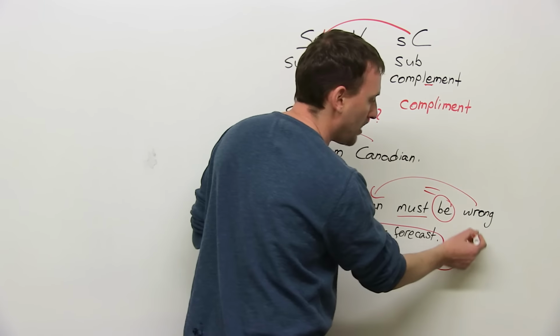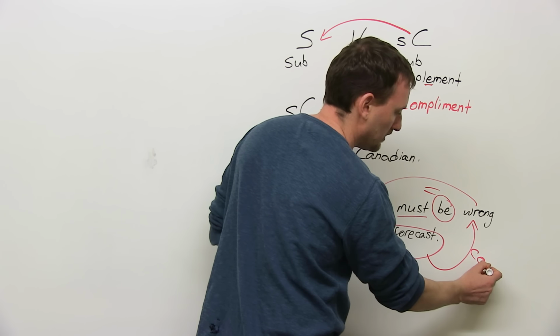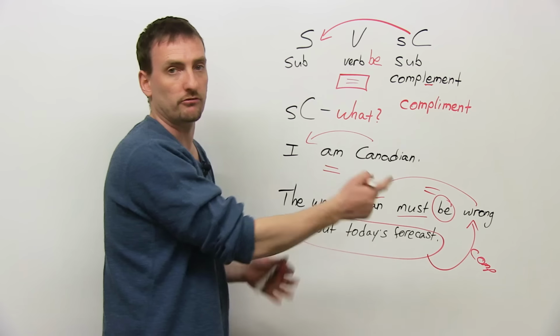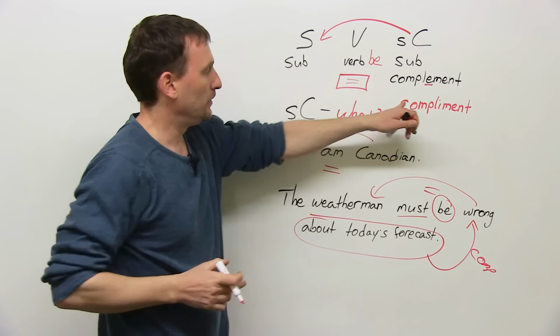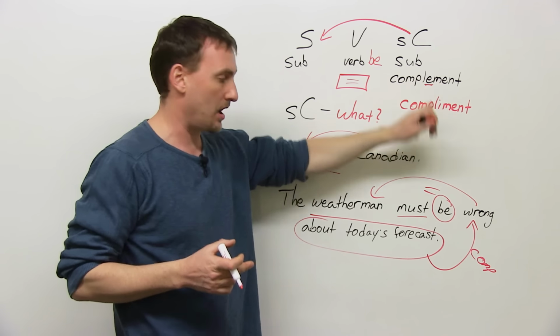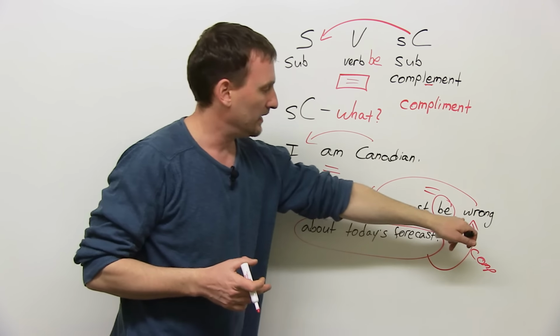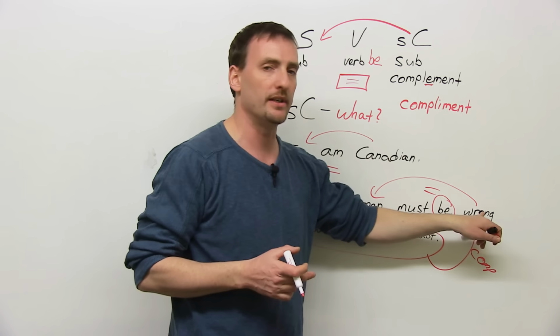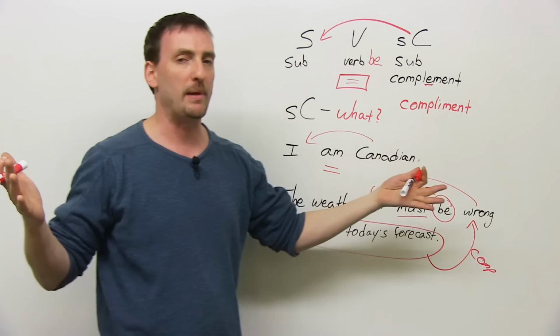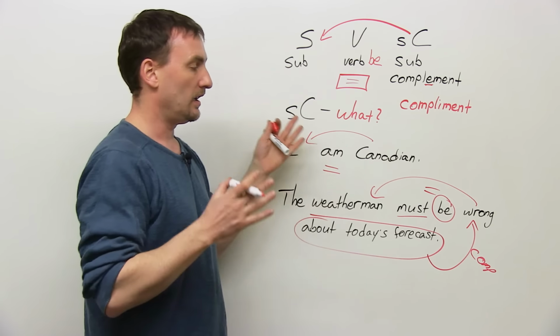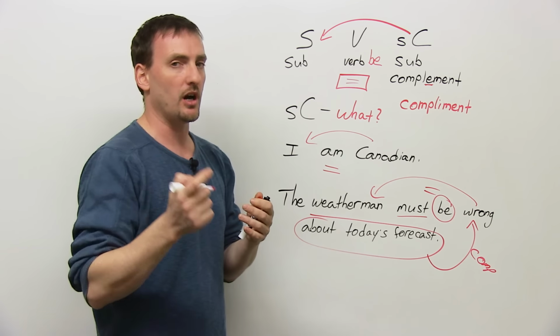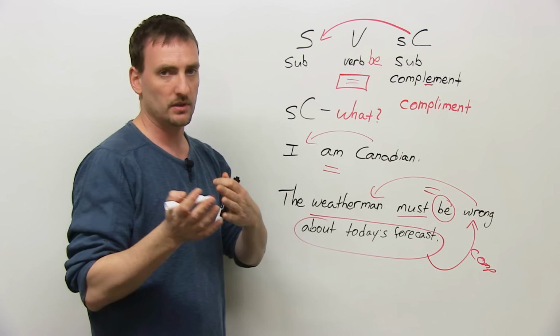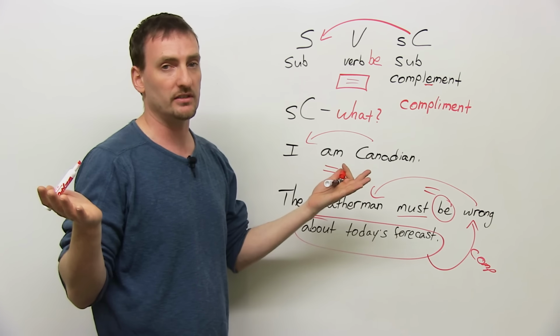It is a complement to wrong. Wrong about what? We're going to talk about different types of complements like this one. Wrong is a complement to weatherman. About today's forecast is a complement to wrong. A sentence can have many complements. Okay? An independent clause can only have one object, one subject, one verb. However, you can have many clauses in a sentence.